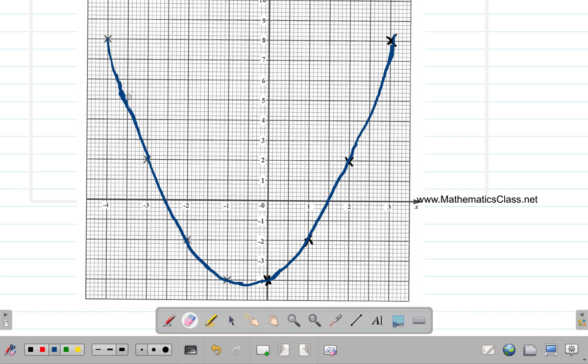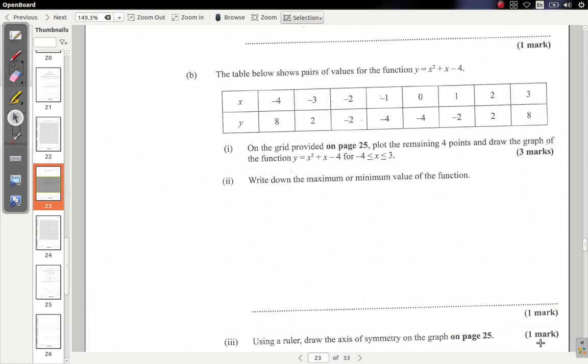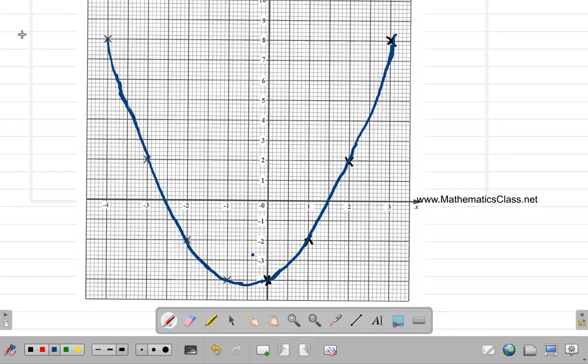Alright. But anyway, the thing is now, you have the curve. And you label the graph with what the graph says: y equal x squared plus x minus 4. So the graph says y equal x squared plus x minus 4, something like that.